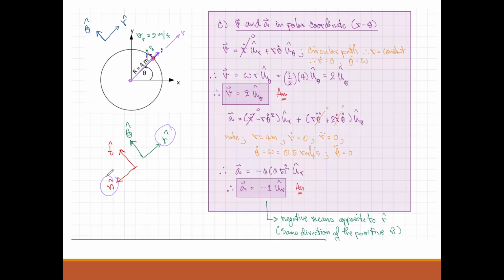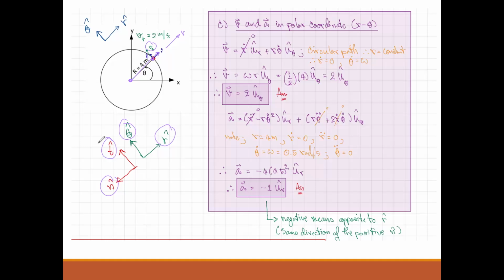And theta is perpendicular to r and moves in the same direction as the rotation angle. So v theta for this case is in this direction, matching the tangential direction, just for this case.